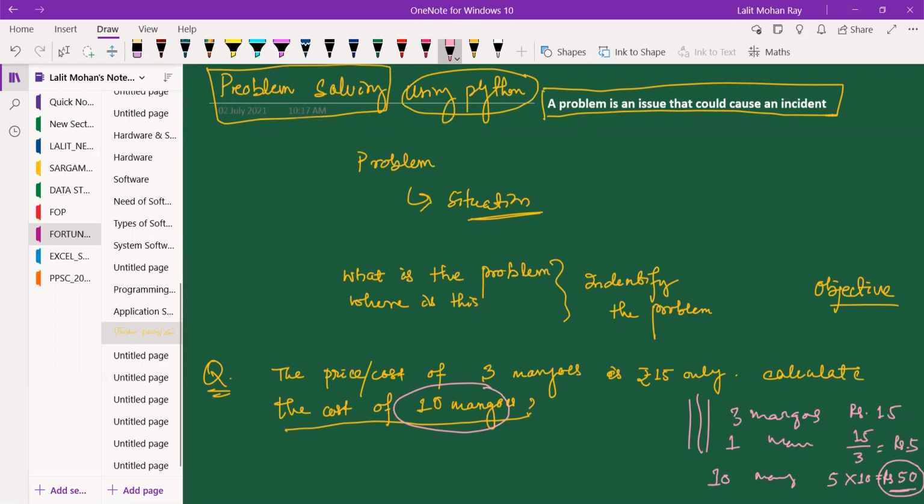Then we collect the information given in the question. Number of mangoes is given, it is 3. Price is 15. And we have to find the price of 10 mangoes. The problem itself gives some hints to us, so we have to find that out.